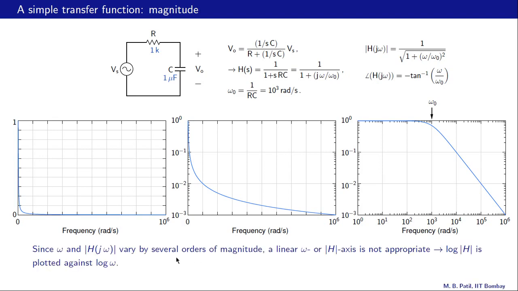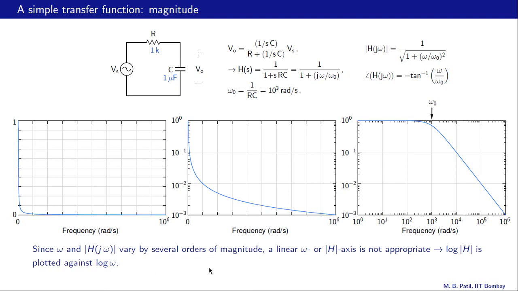To summarize, since omega and mod h vary by several orders of magnitude each, a linear omega axis or a linear mod h axis is not appropriate, and therefore what is done is log of mod h is plotted against log omega.